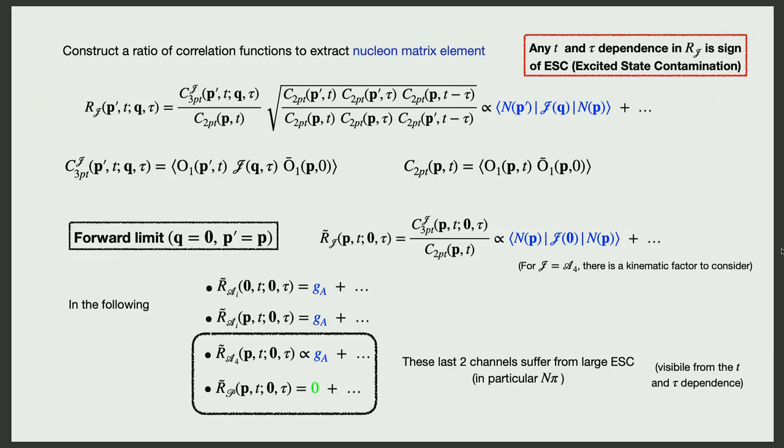In particular, we also looked at the forward limit with boosted nucleon operators. So nucleon operators at source and sink have equal momenta, so that q is still 0. Here, these last two channels, so when we consider the temporal axial vector current and pseudoscalar current, suffer a lot from excited state contamination, and in particular, nucleon pion states, as I will discuss briefly.